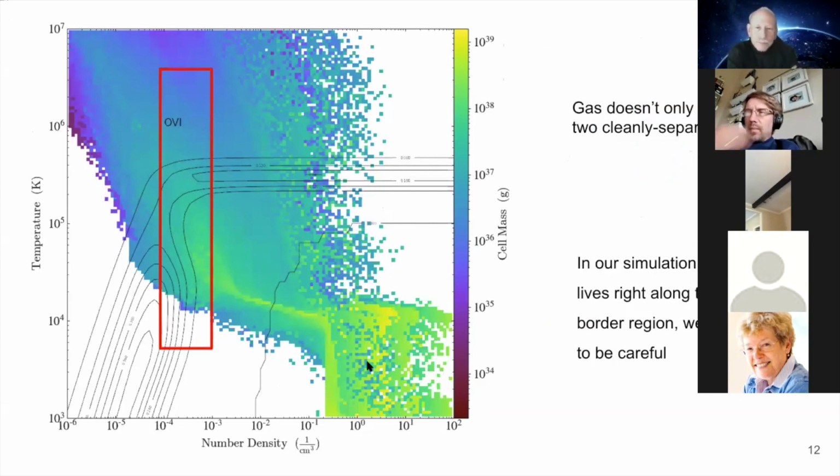This is what our simulation actually looks like. It's very hard to cleanly separate these, because if you look at the green here, which is where most of our gas is, where our gas really intersects with where oxygen 6 is important is right along this border region. So we're going to want to be really careful in this area.